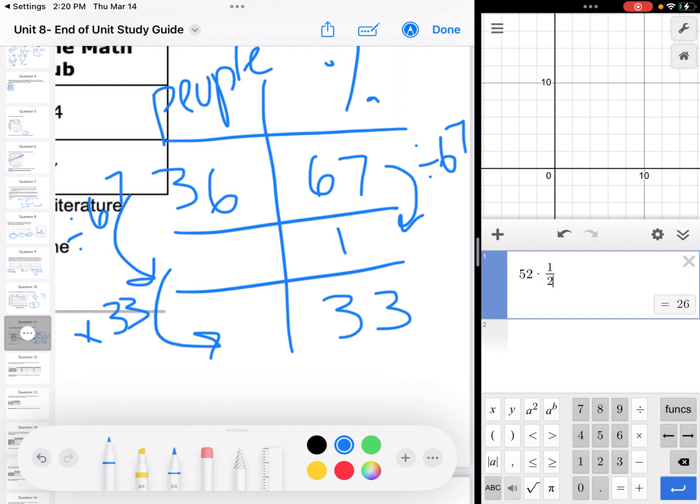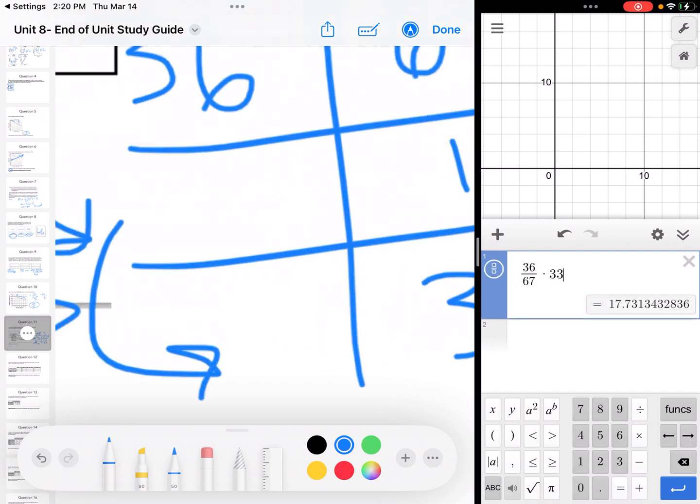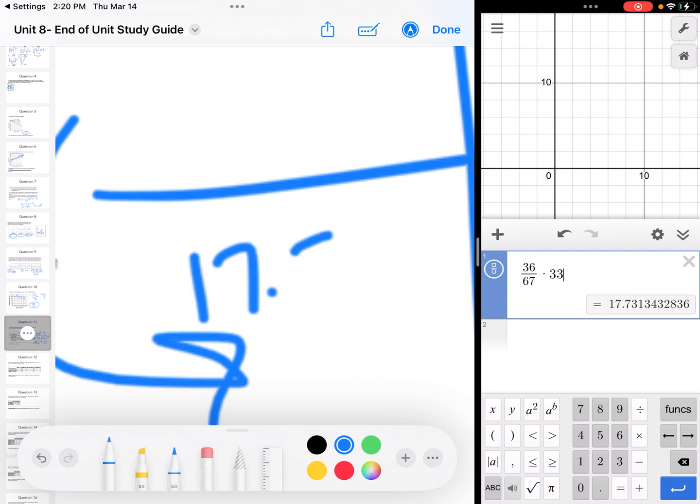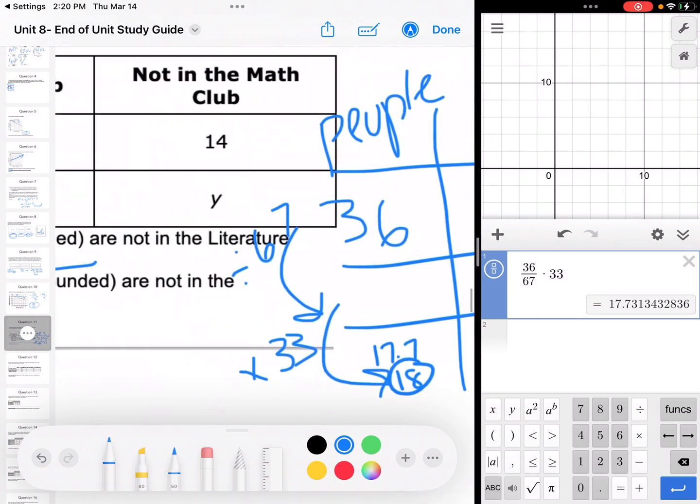So 36 divided by 67 times 33. So I get 17.7, which would be about 18. So approximately 18 people.